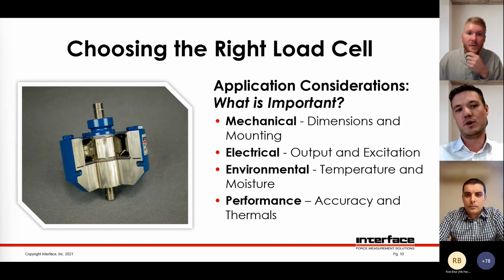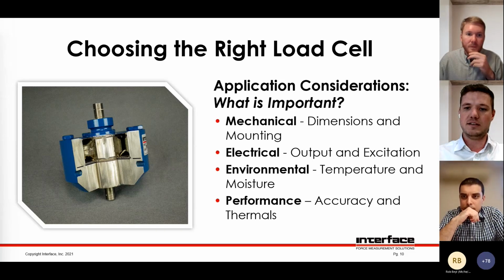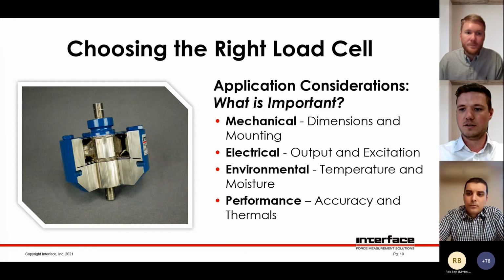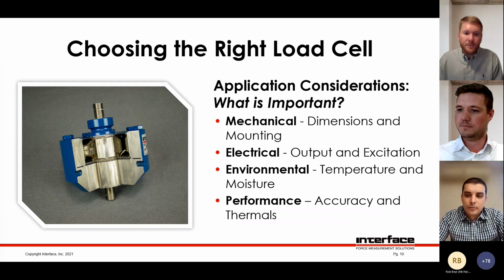Obviously, the higher the performance, the more accurate the load cell, the more expensive it is. So it's not always required that some applications go for the highest accuracy load cells, as it would be above and beyond what we needed. So yeah, we need to match the output and the performance of the load cell to the specific application.